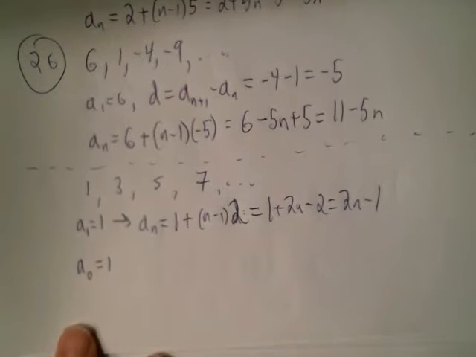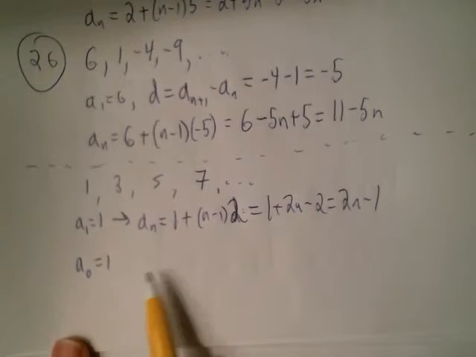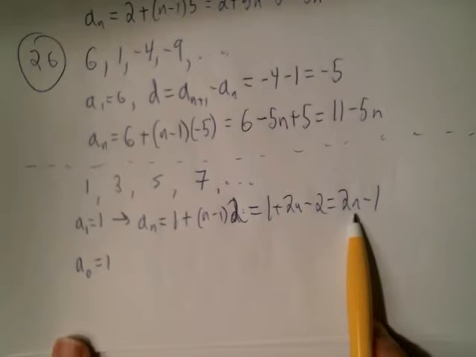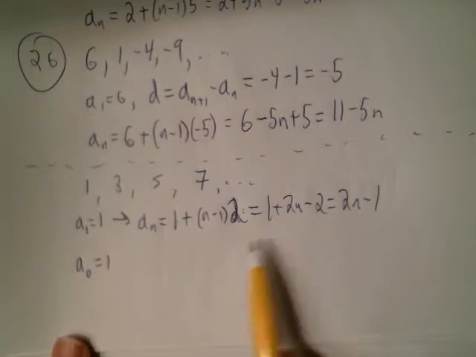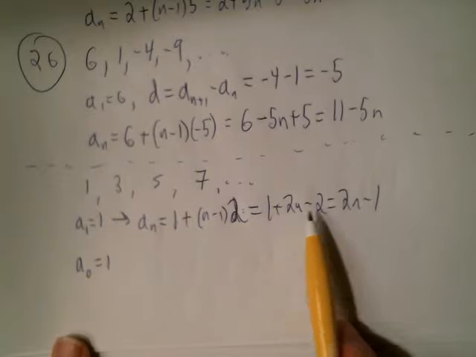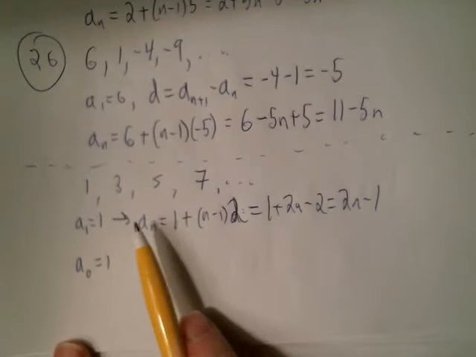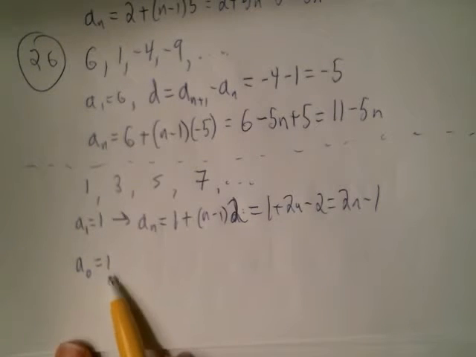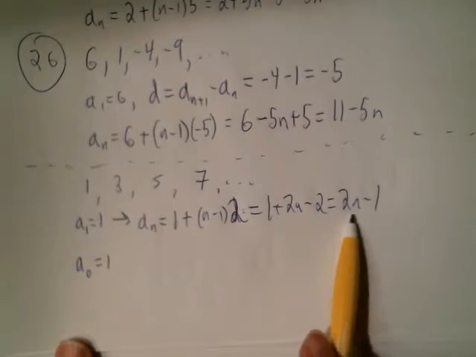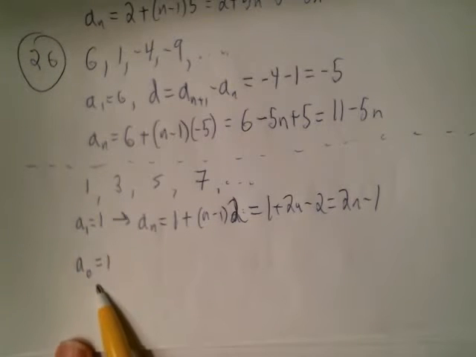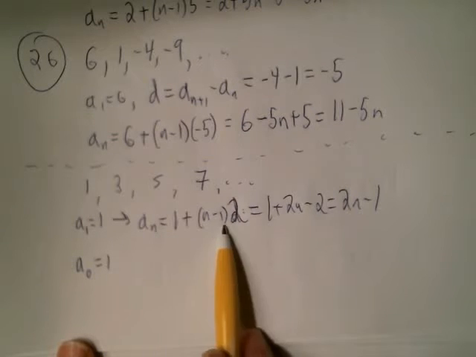Okay. The problem is, if you started at 0 and you put 0 into this formula, you would get negative 1. And then when you put in 1, you get 1. And then when you put in 2, you get 3. So if you start at a sub 0, it's not going to work. You have to start at 1. So let's say I wanted to start at a sub 0. What would then be the formula here?